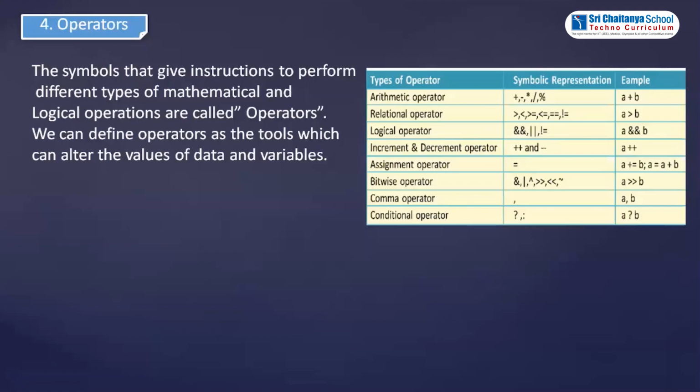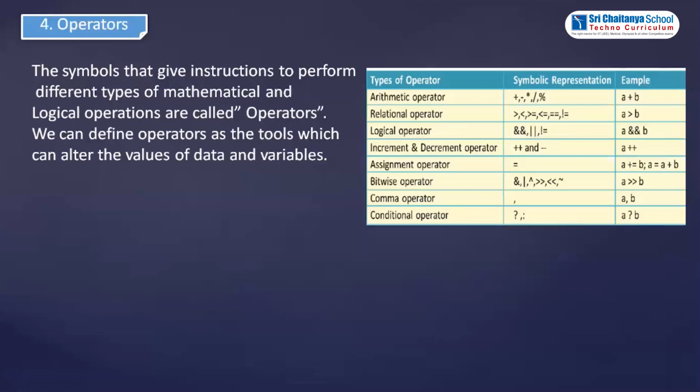And then we have the assignment operator, which is equal to. So the equal to operation is used to assign a value. For example, a equal to a plus b. That is, the value of a is going to be the sum of the variables a and b. It can even be indicated as a plus equal to b.